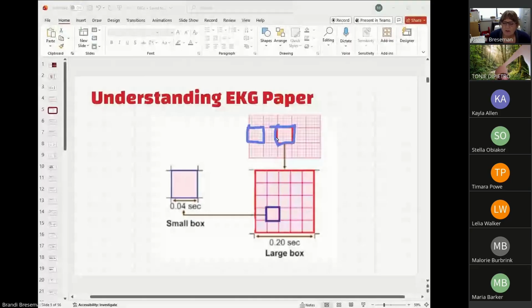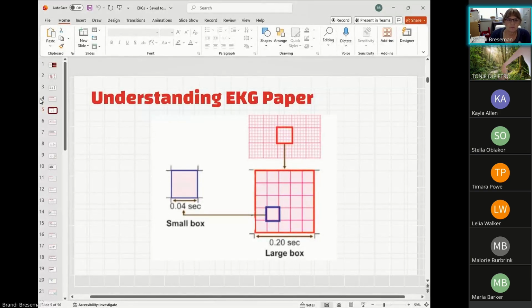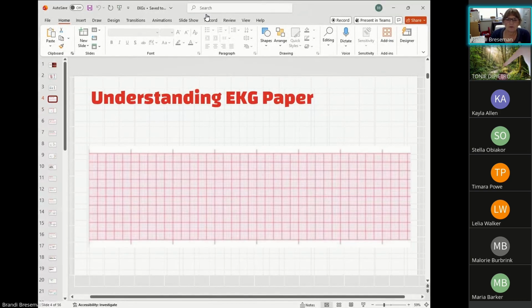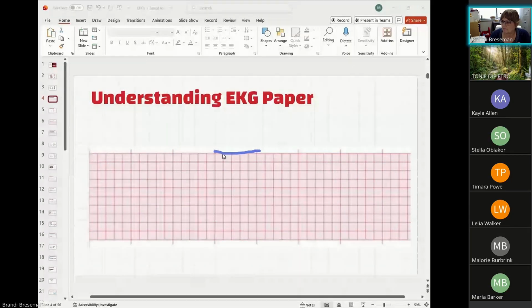So if we come back to this paper, that's how you get that there is a second between here and here. Because if this is 0.2 seconds, this is 0.4 seconds, right? 0.2, 0.4, 0.6, 0.8, and then we're at 1.